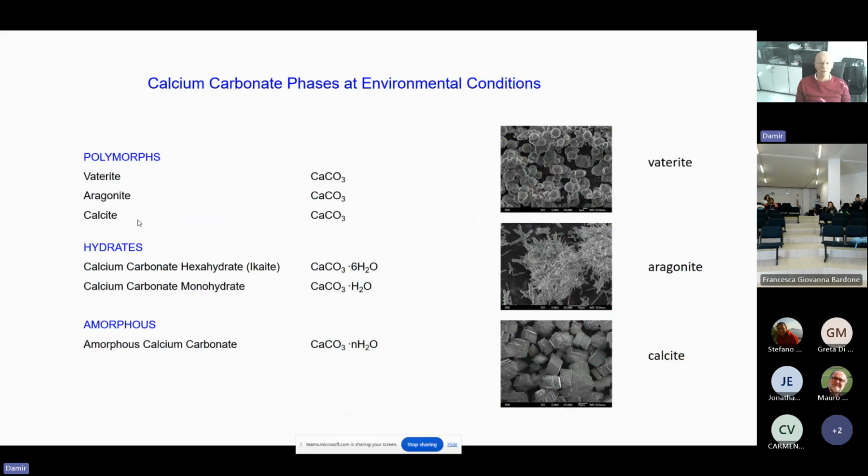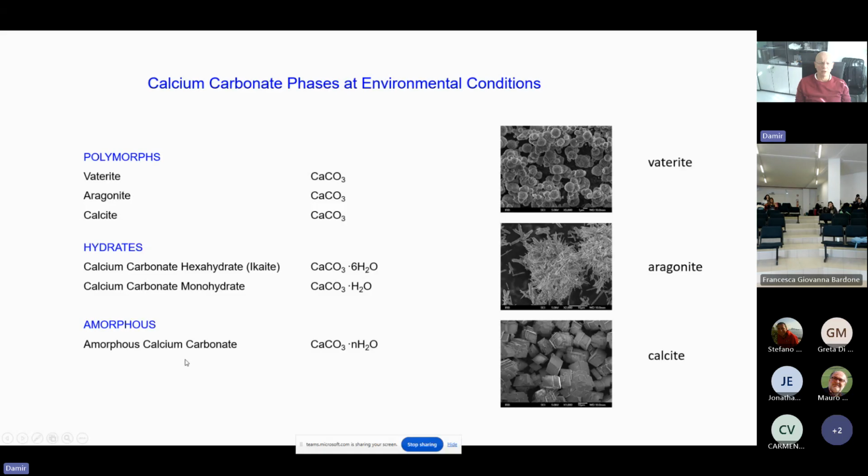For example, ikaite can be found in a cold environment, in seawater that is relatively cold. Amorphous calcium carbonate is actually a hydrated form of calcium carbonate without any crystalline structure. It is known to appear in natural systems.